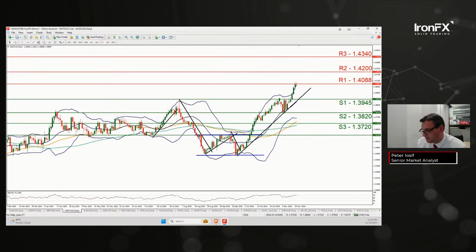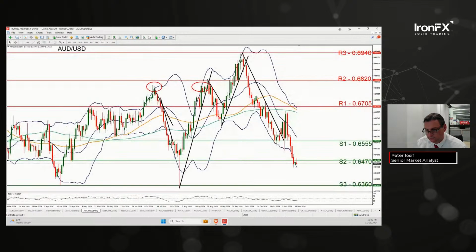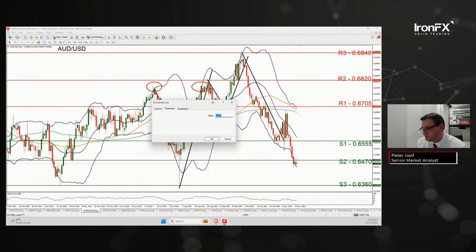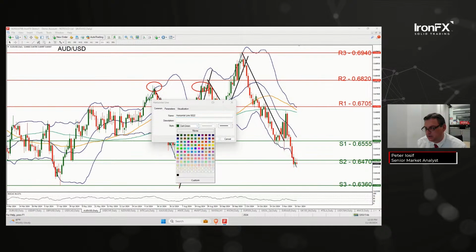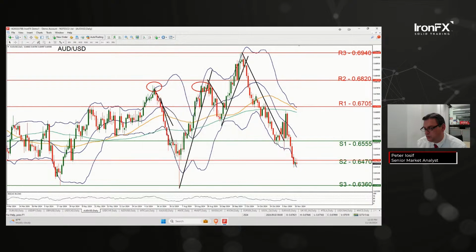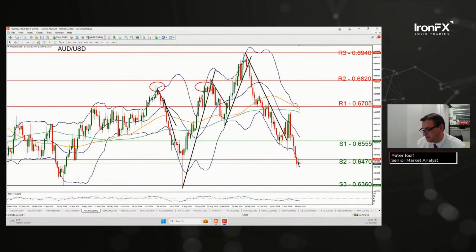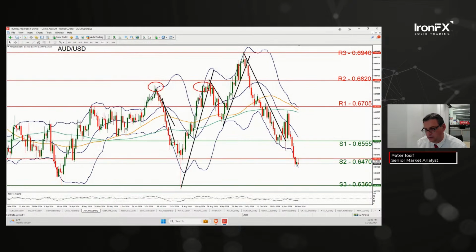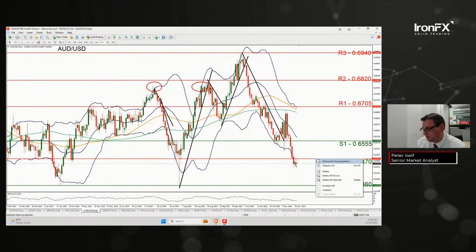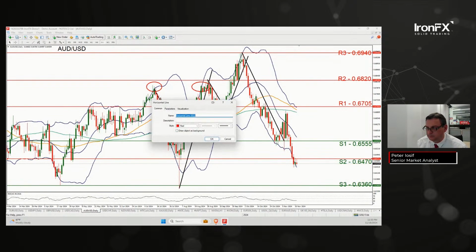Okay, let's have a look at the Aussie. AUD USD moving decisively lower. Definitely the 0.6470 has to be turned into a resistance line, and it could be moved slightly higher. Nah, I'm keeping that.